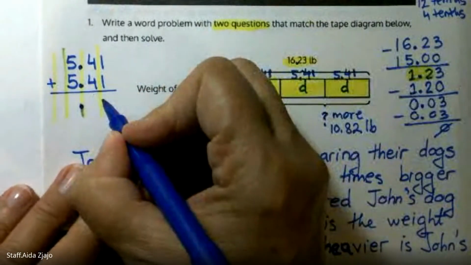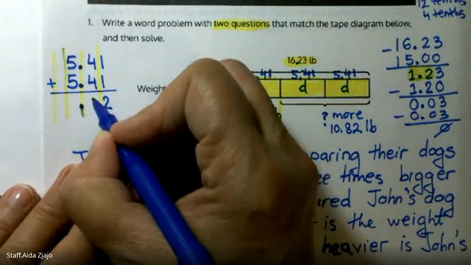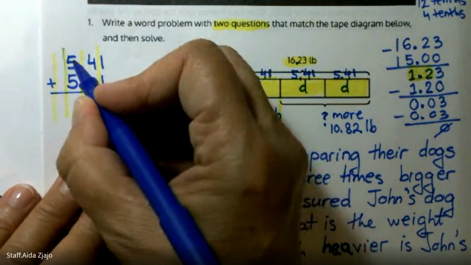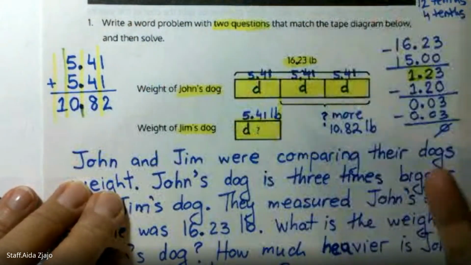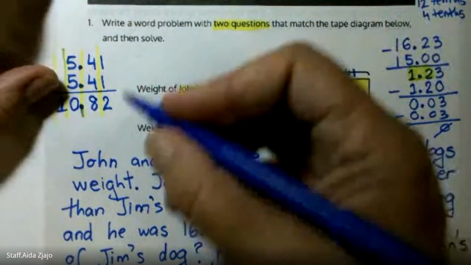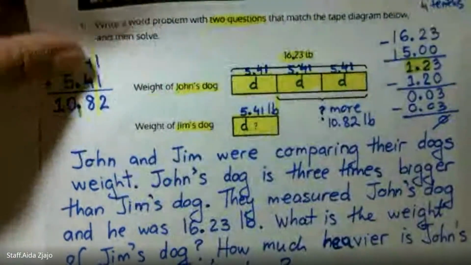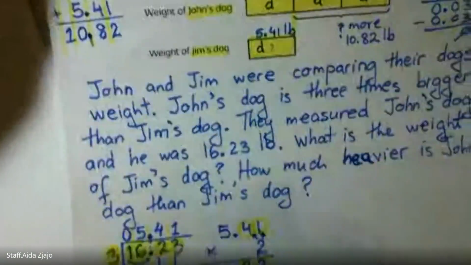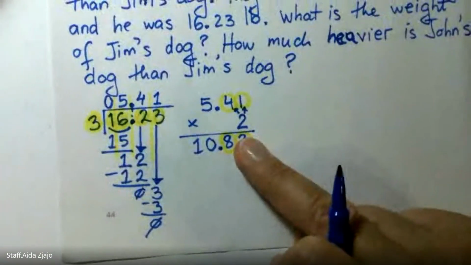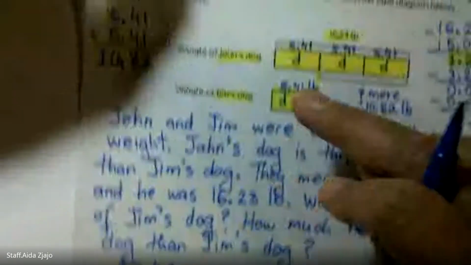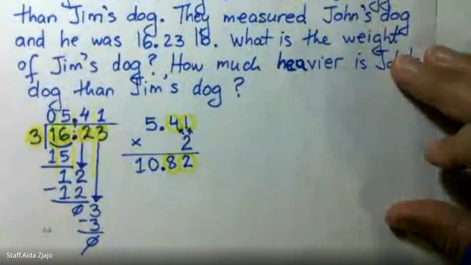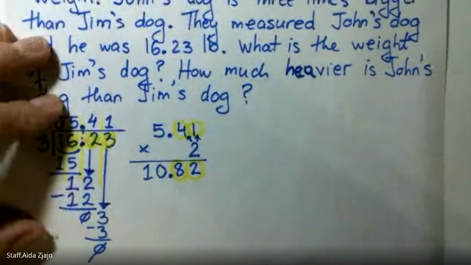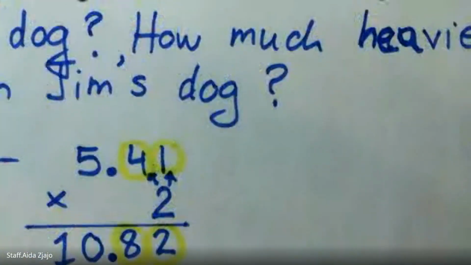So 1 plus 1 is 2, 4 plus 4 is 8, 5 plus 5 is 10, and then you got the same answer that you get with multiplication. Multiplication is multiple addition.